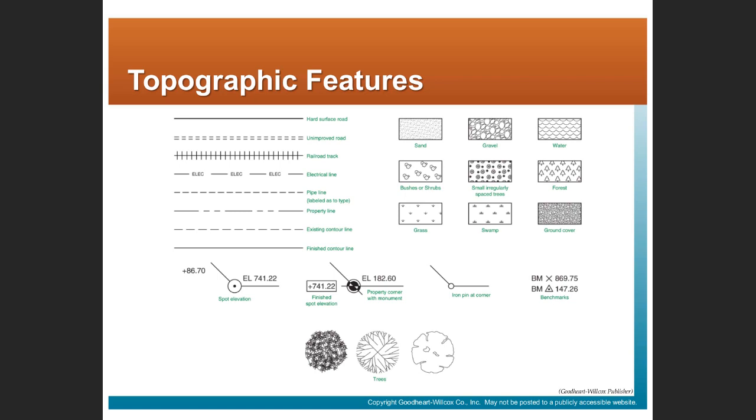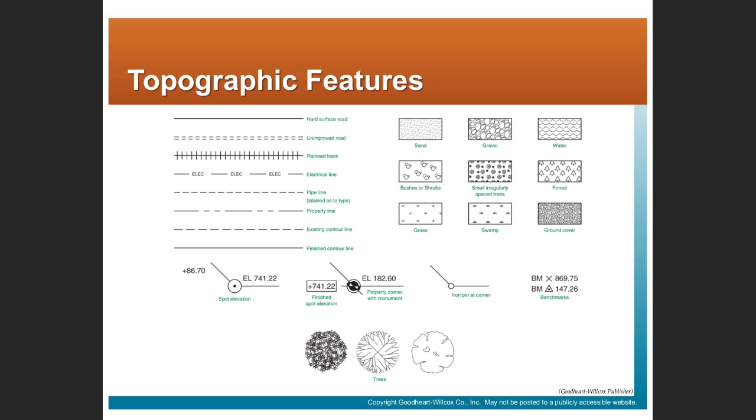The site plans or plot plans we saw didn't show what the vegetation was, but that could be indicated by symbols. We saw existing contour lines and finished contour lines. We saw property lines.